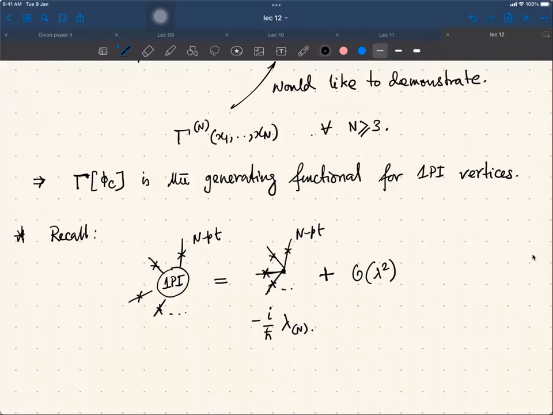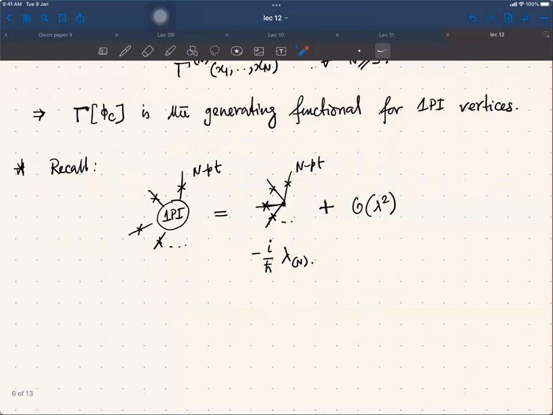So if you have a phi cube theory up to 3 for the 3-point function, it will be lambda 3 or minus g here. Therefore, what one can say is that this one is minus i h-bar, by definition, minus i h-bar gamma n.